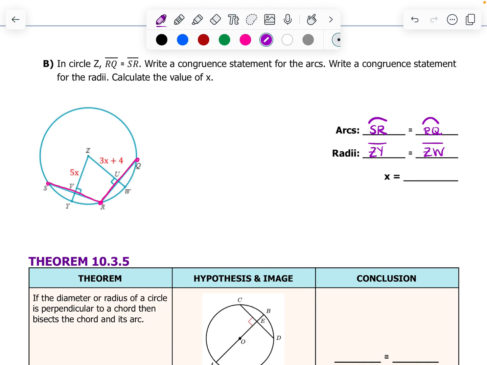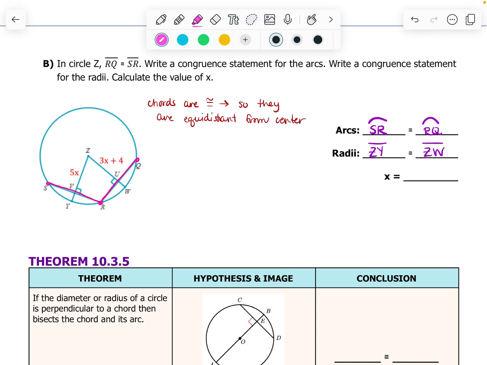We are going to apply today's theorem, which says the chords are congruent, so they are equidistant from the center, which means that this segment and this segment must be the same size as each other.